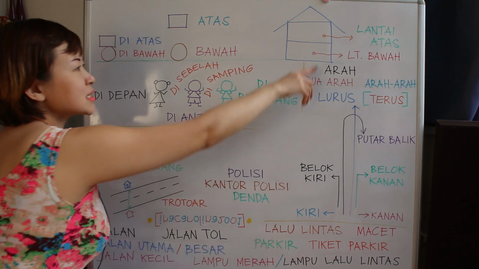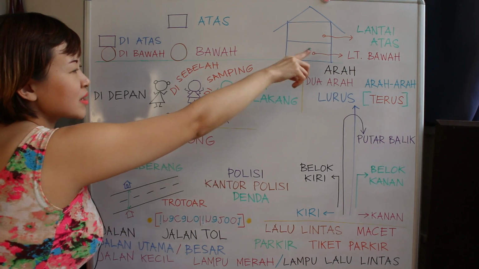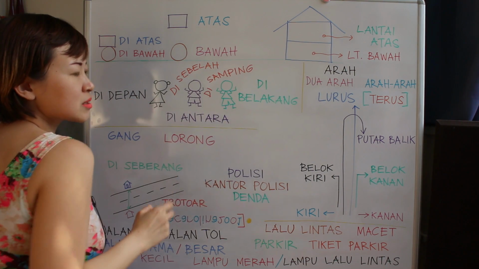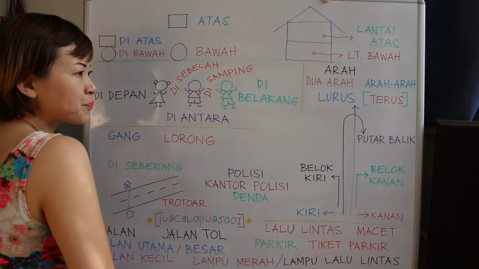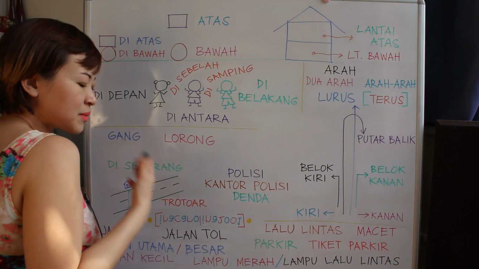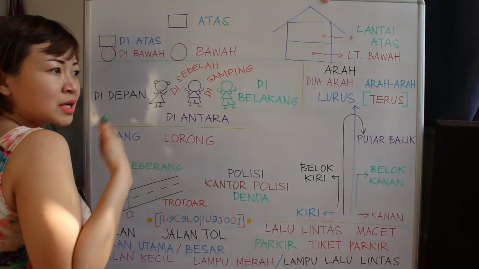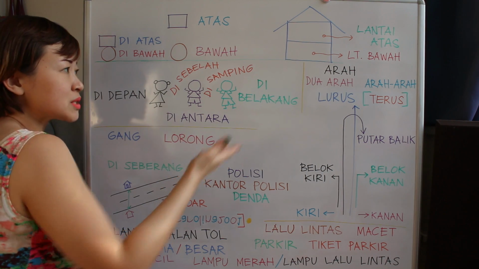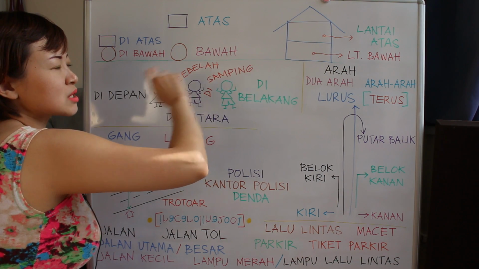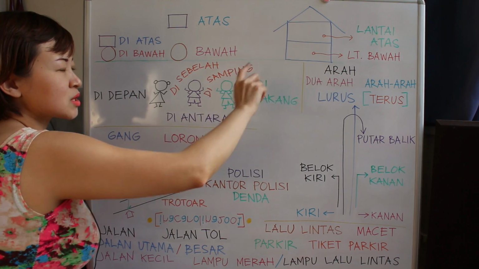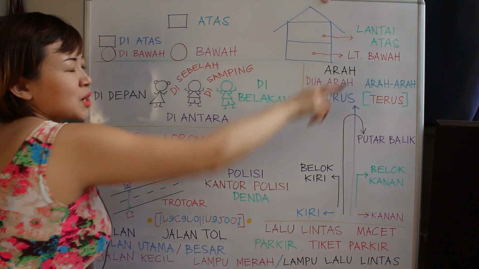You will find this lantai being shortened into L and T and then a dot. It's the shortened version of lantai, or floor. But myself, on formal occasions, I use the complete word lantai instead of shortening it like LT dot atas or LT dot bawah.